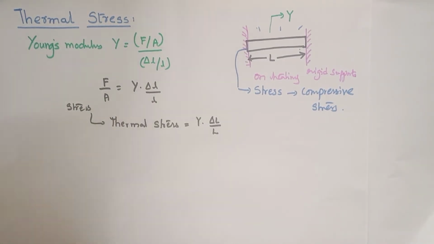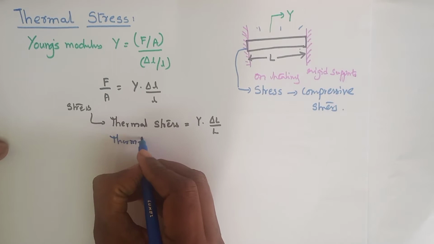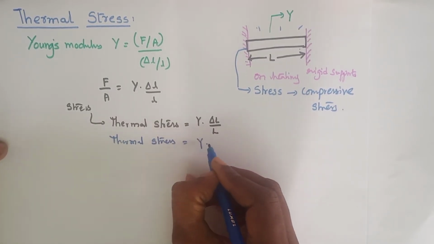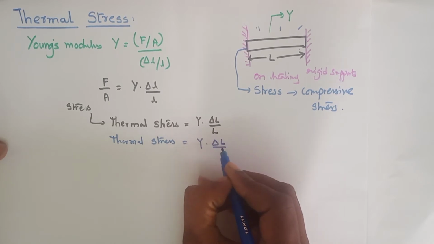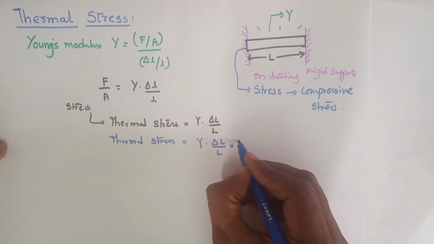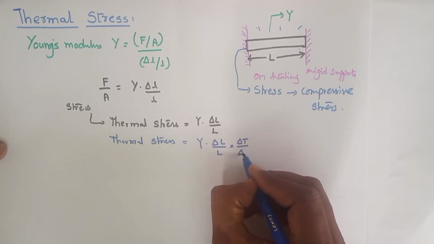Right, now thermal stress is equal to Y into delta L by L. Shall I multiply and divide by delta T?